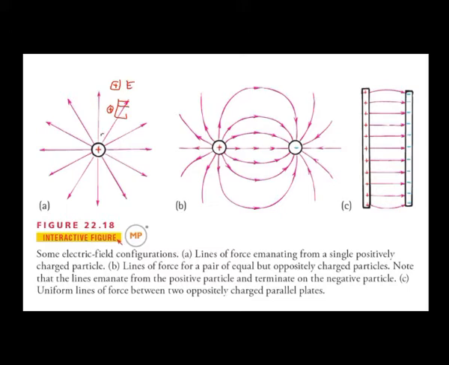And if it is even nearer here, then the charged particle would feel a greater electric field compared to the one before it. Okay, so this is a diagram or a representation of a single charged particle and its electric field. And we have here a representation of two charged particles.